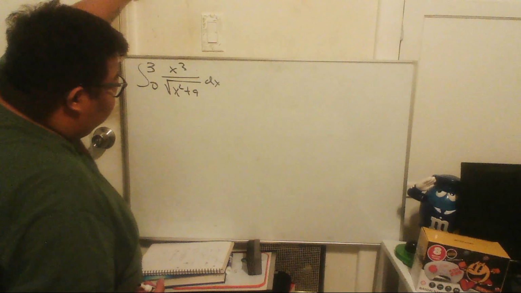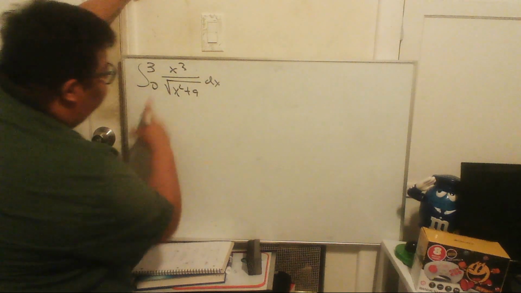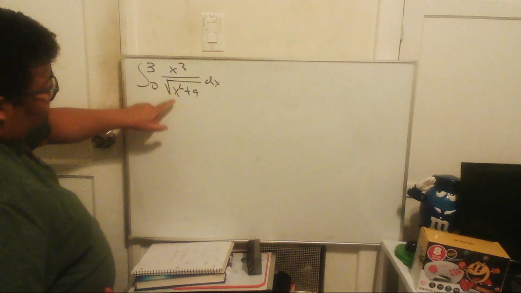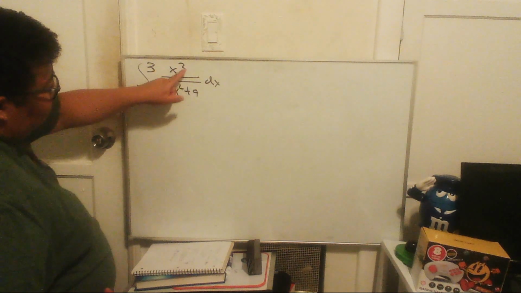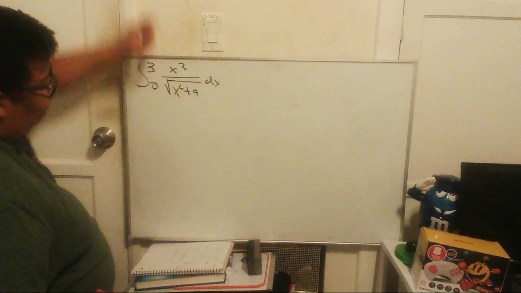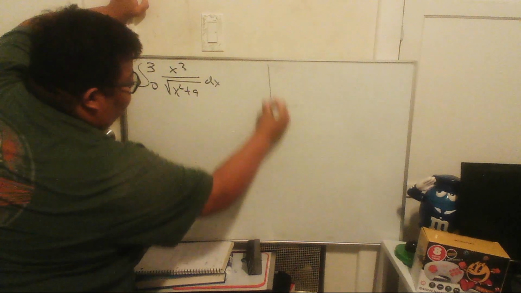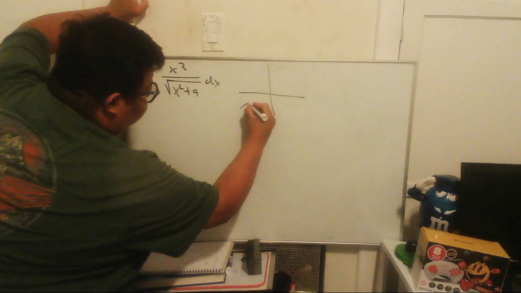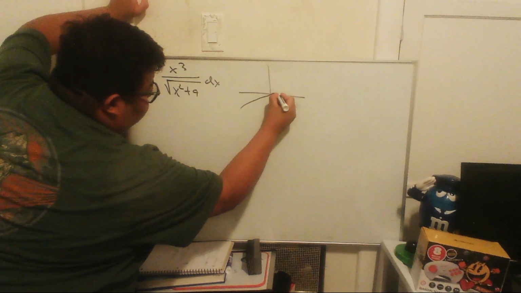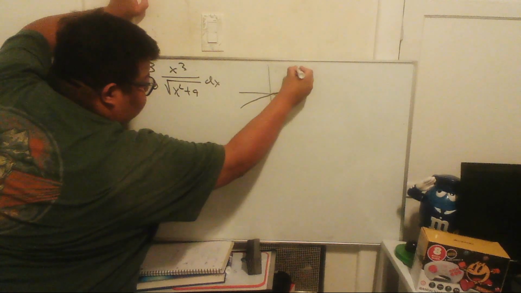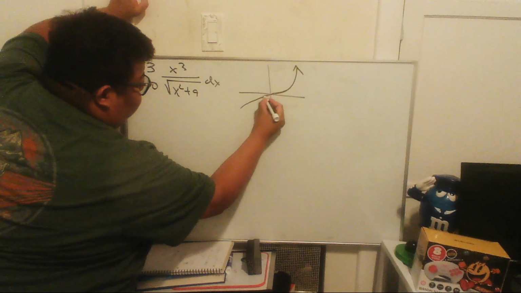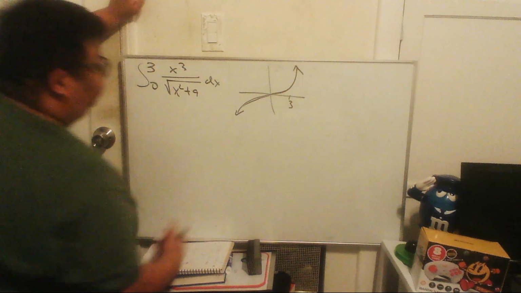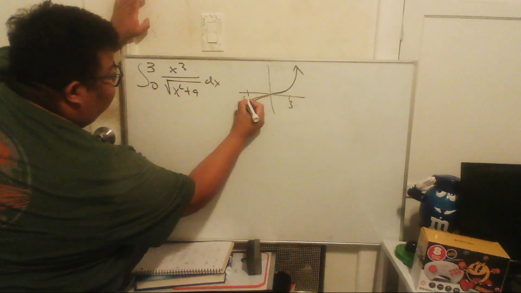Okay, so first of all, I want to show you how this function looks in x. The integral goes from 0 to 3, and the function that I'm integrating is x cubed over the square root of x squared plus 9. If you graph this function on Mathematica or a software, it will give you something like this. Here is about 3, here is negative 3.